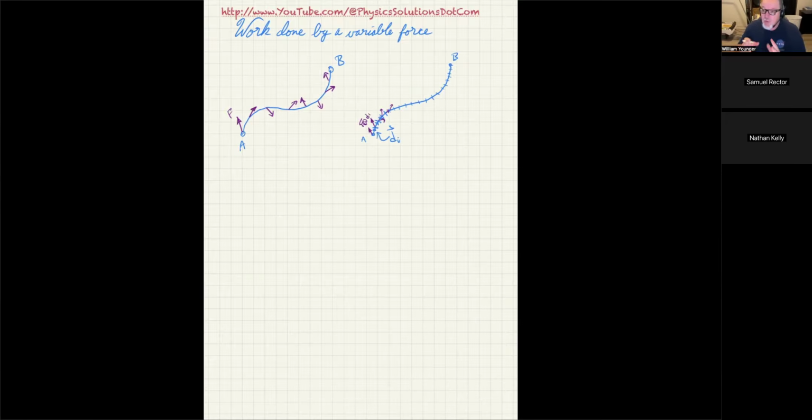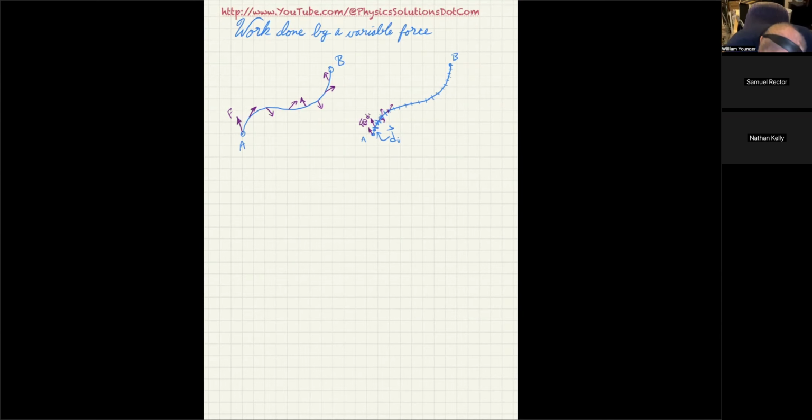So what we could do is take the dot product that we get for that small region, that little itty bitty d sub i, and take the dot product of F with that. And if F changes very much from one end of that little d sub i to the other end, then we redivide the path into smaller parts until it stops changing. And when it stops changing, then you can just do the regular dot product for that itty bitty part.